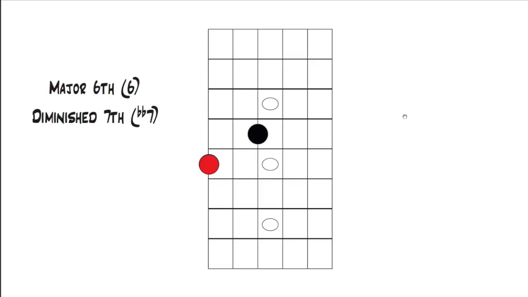Same thing with the major sixth or the minor seventh shape. This one looks like that, starting with the 6-string root or tonic. The next string sets look the same, and then the next 2 string sets look the same as each other. So 6-string tonic or root, 5th-string tonic or root, 4th-string tonic or root, 3rd-string tonic or root.